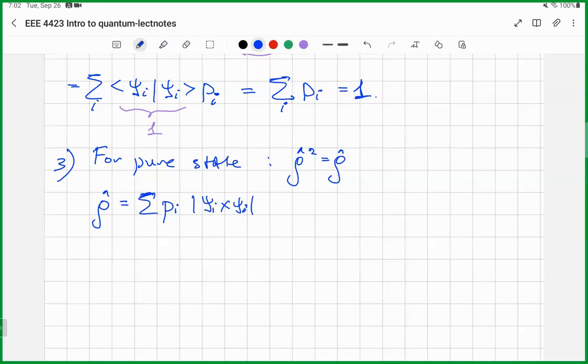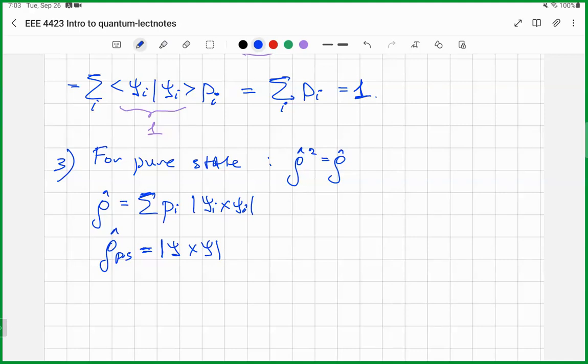But if we have only one subsystem, then this p_i is equal to 1, and we can simplify this to the pure state. So for the density operator of a pure state, we have simply the outer product of psi with psi.